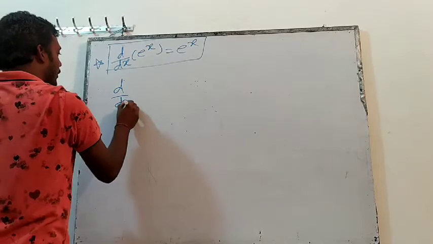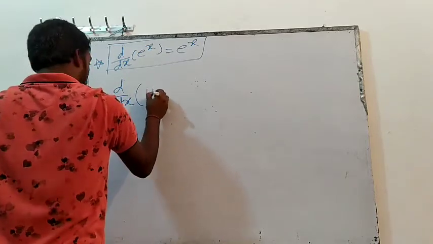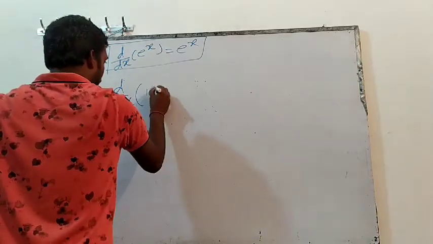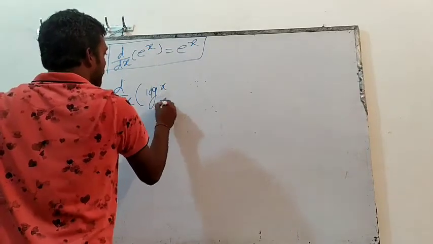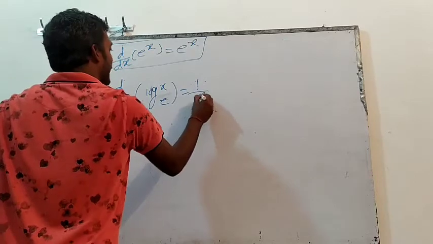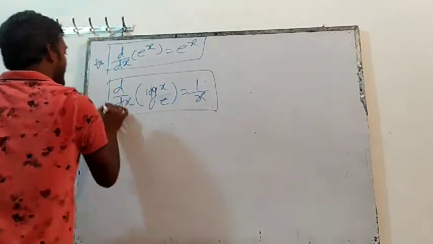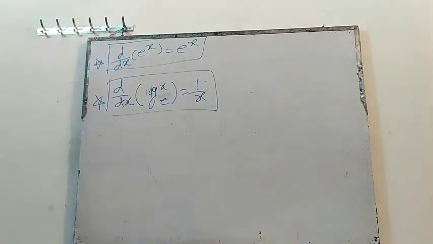Differentiation of log x base e is equal to 1 by x. If the differentiation is log x base e, that will be equal to 1 by x.